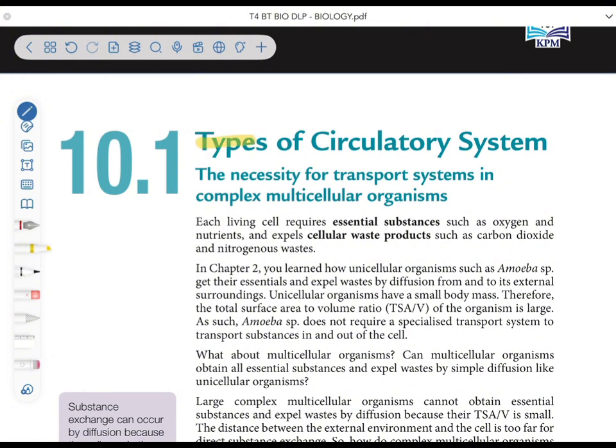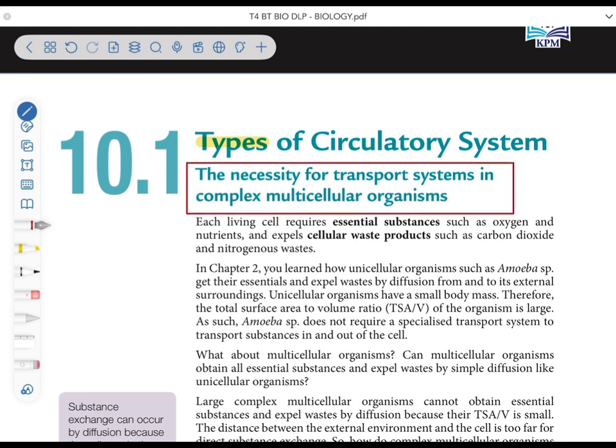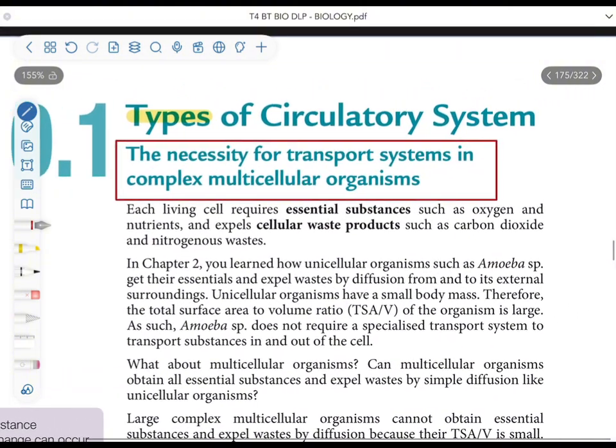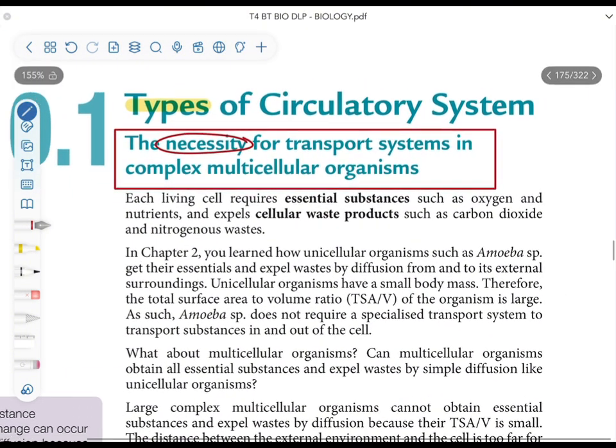We are just going to learn what the types are and how many types there are for the circulatory system. First of all, we need to identify the necessity for transport system in complex multicellular organisms. You will need to ask yourself, why do we need this transport system in multicellular organisms?